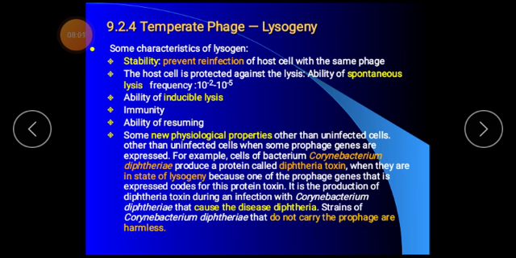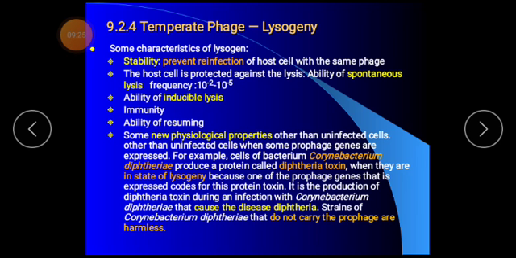What characterizes lysogeny? Stability. According to the stability, it prevents infection of the host cell with the same phage. The host cell is protected against lysis. There is the ability of spontaneous lysis, at a frequency of 10 to the power negative 2 to 10 to the power negative 5.